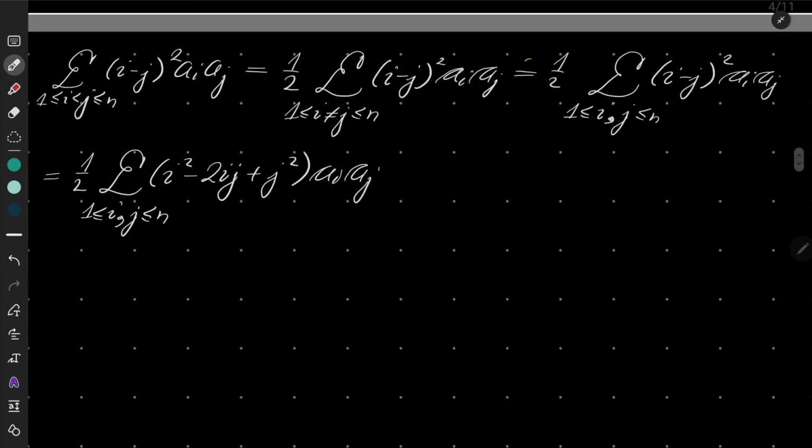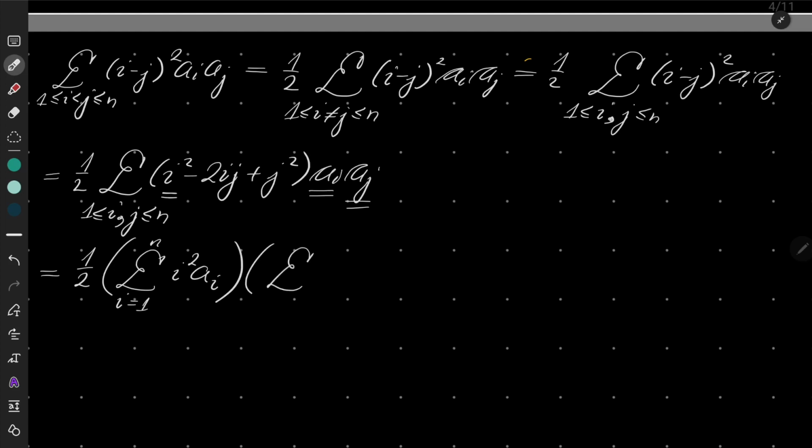Okay. And now let's split our sum into a couple of different sums. The first sum will have terms i squared, ai, aj. So let's put i squared with ai, and that is multiplied by the sum over j from 1 to n of aj.